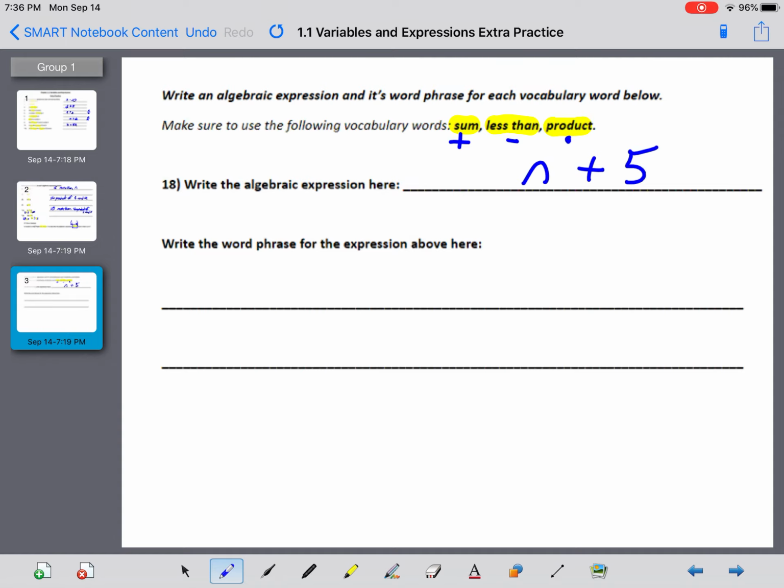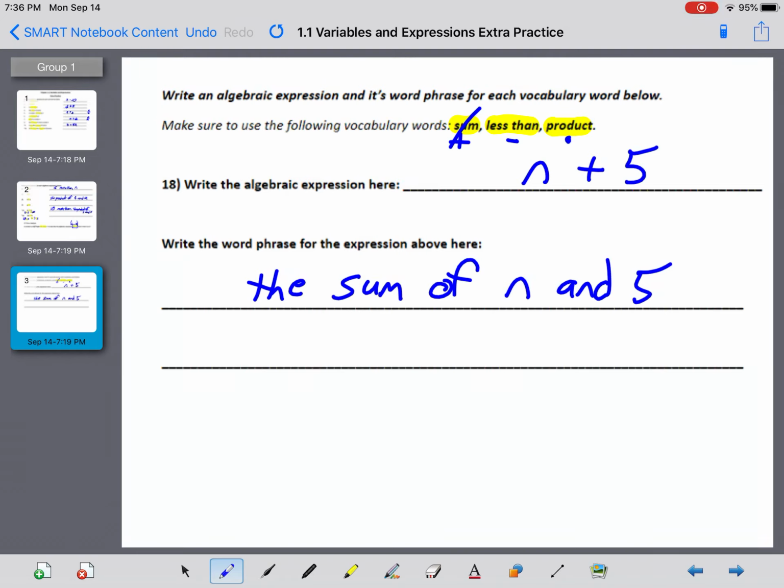The word phrase for the expression above would have to be the sum of n and 5. Now, there's many examples that you can come up with for use of the word sum. You don't have to copy mine. Okay. So that's one vocabulary word down. For numbers 19 and 20, please use the vocabulary words less than and product.